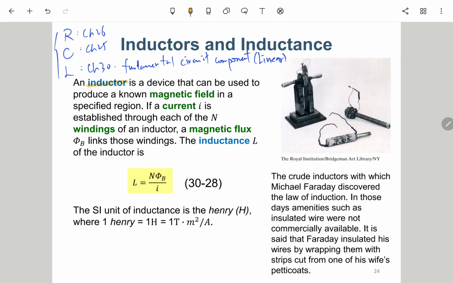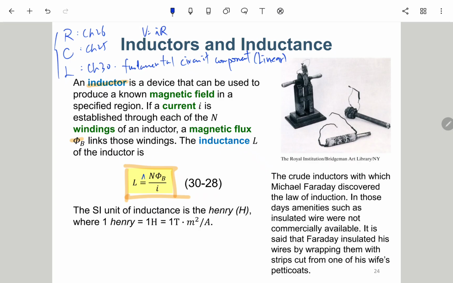If a current i is established through each of the N windings, so N turns, of an inductor, a magnetic flux Φ_B links those windings. The inductance of the inductor is L equals this. This is somehow like a definition. For the resistor, it is V equals IR, the Ohm's law.